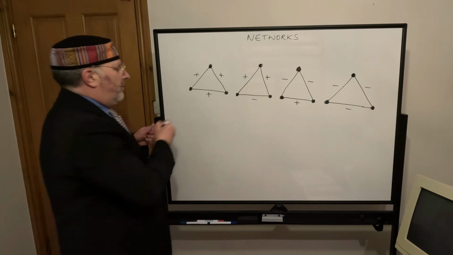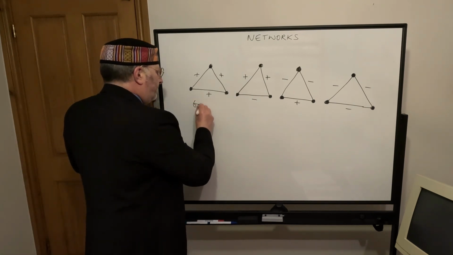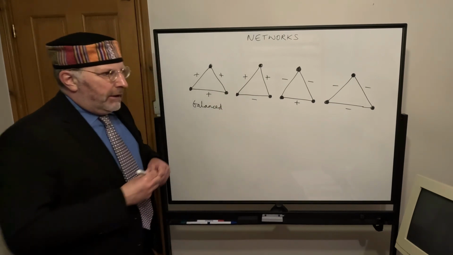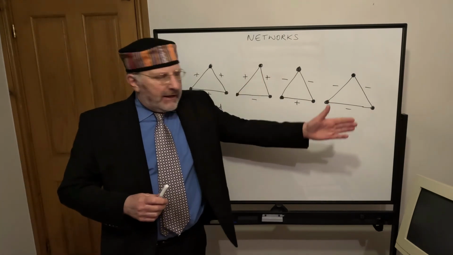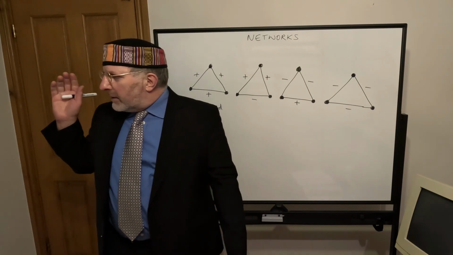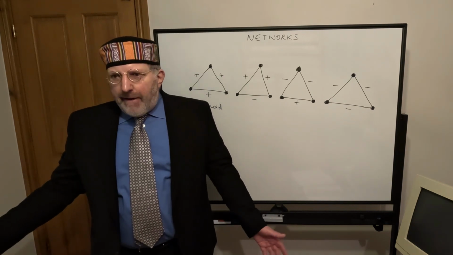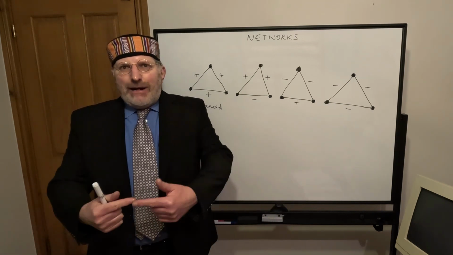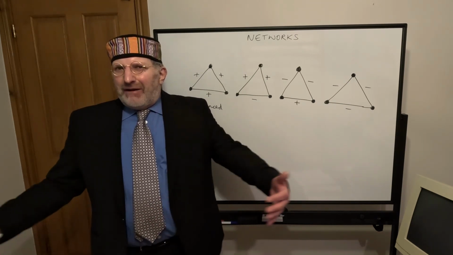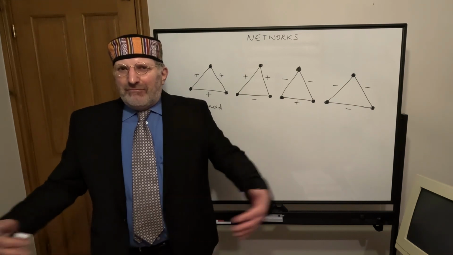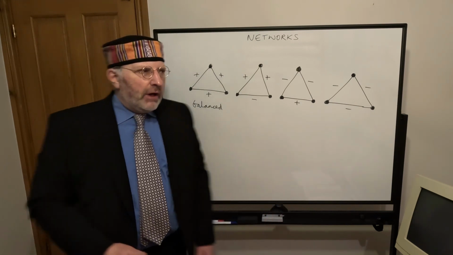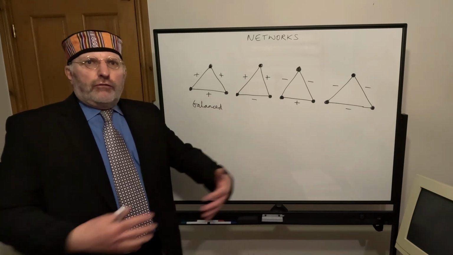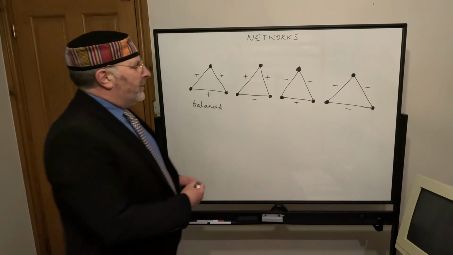That would be said to be balanced. It's like saying, if Fred is my friend and Jenny is my friend, then I like them to be friends with each other. If they're deadly enemies, that's not really a very happy relationship. It's not really balanced. But if they are friends, then that feels good and it feels balanced.